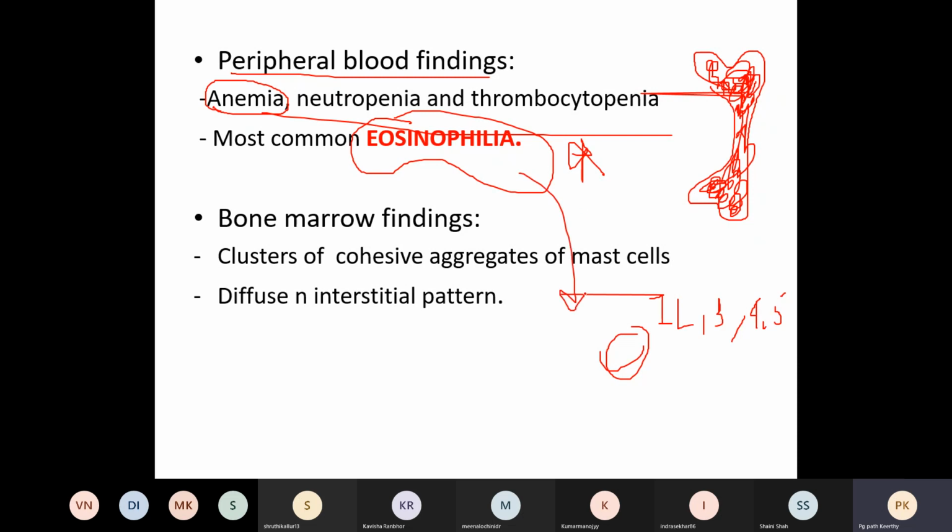So they keep on proliferating and you get eosinophilia. Got it? Your mast cells secrete interleukin 5, so that's how it happens. That's why you see eosinophilia, whereas all other cell lines will be reduced.